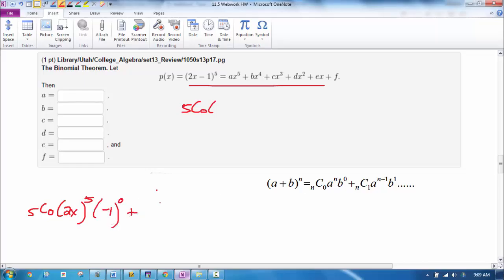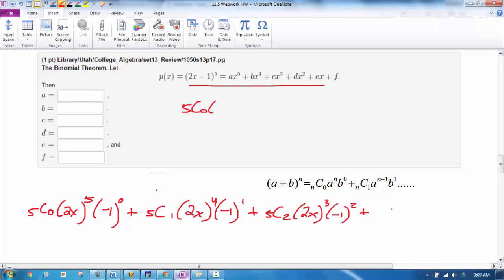Now to follow this pattern, all I do is do 5C, raise this one by 1, lower this one by 1, and raise this one by 1. So just follow that same pattern. 5C2, 2x to the 3rd, negative 1 squared, and you get the idea. Let me finish this for you.